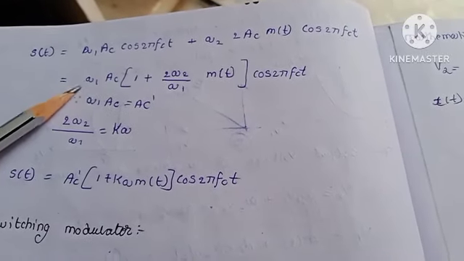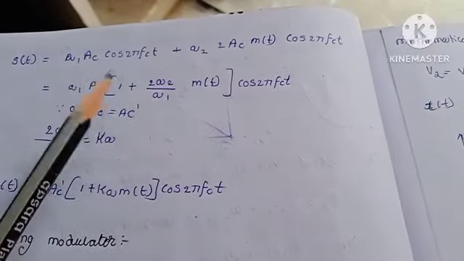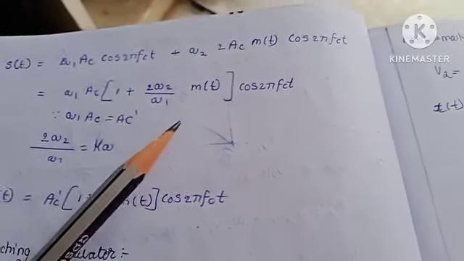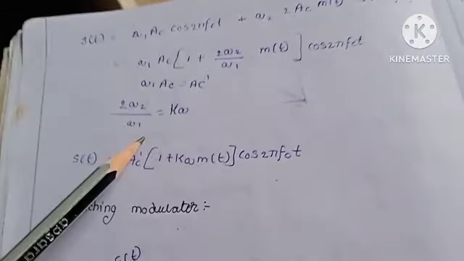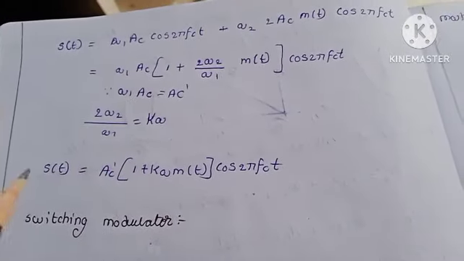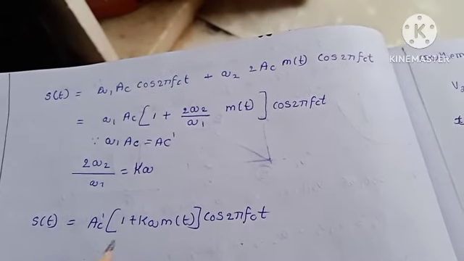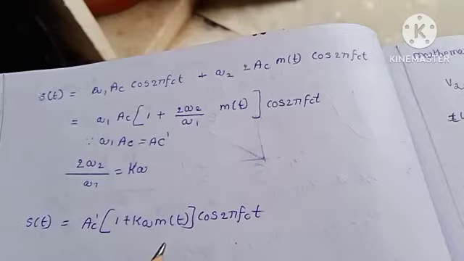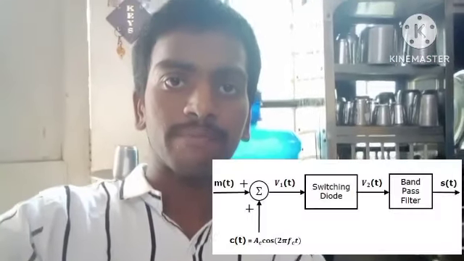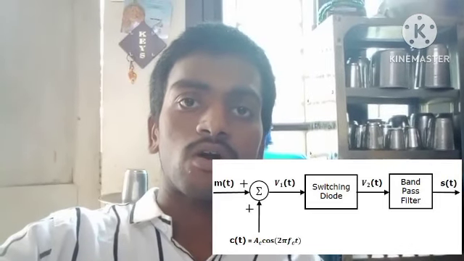Let us assume A1 Ac as Ac dash and 2 A2 by A1 as Ka, where Ka is the amplitude sensitivity. Here is our required signal: Ac dash into 1 plus Ka m of t cos 2 pi fc t.